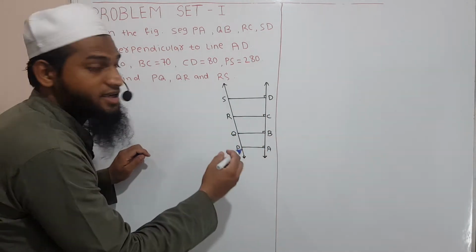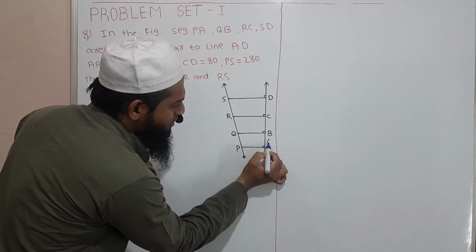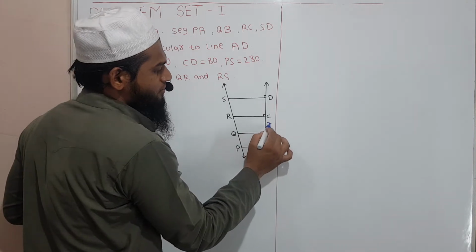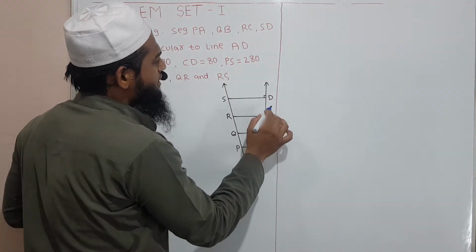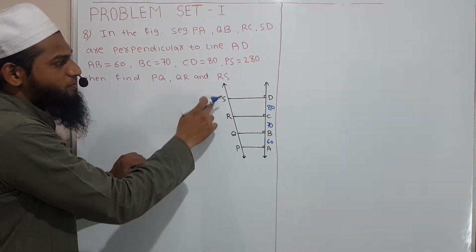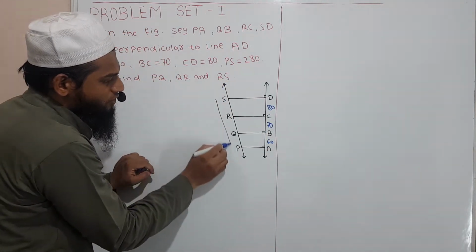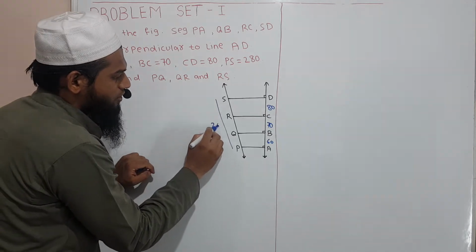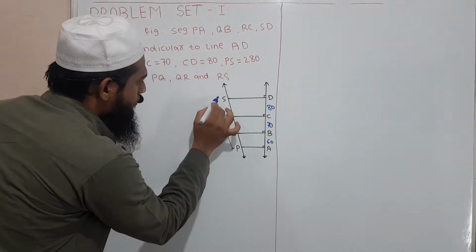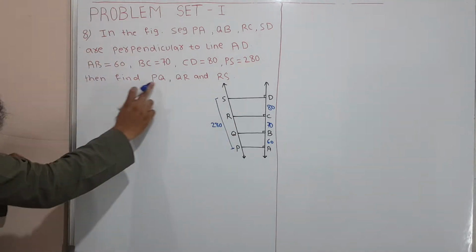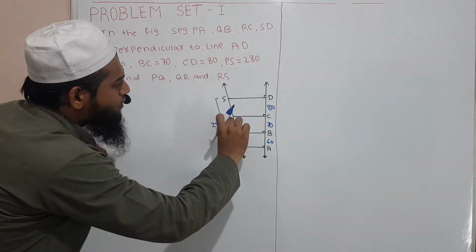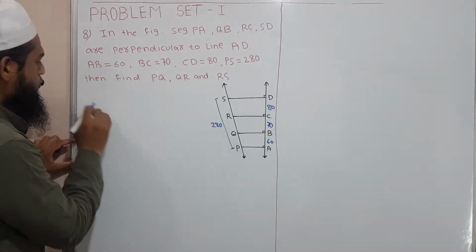Okay, I am writing here value of AB 60, value of BC 70, value of CD 80 and value of PS, this whole PS is 280. Here we have to find PQ, QR and RS. Okay, so solution.